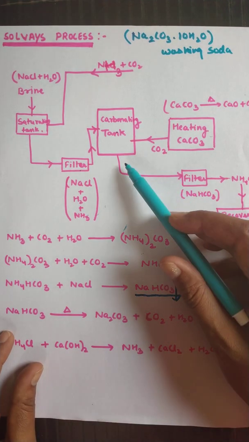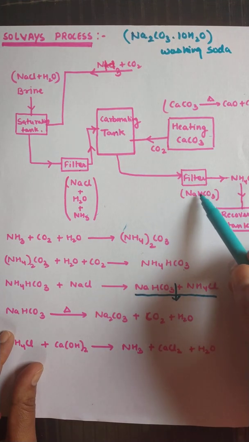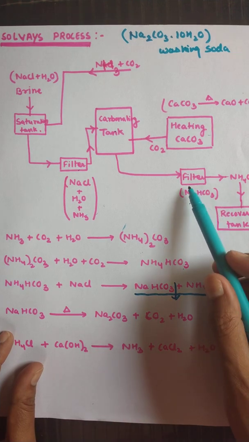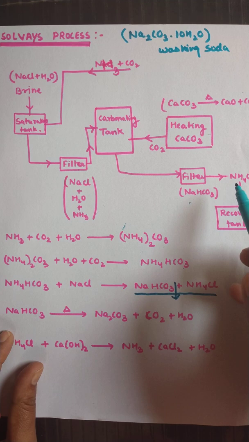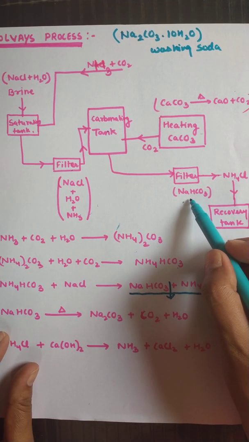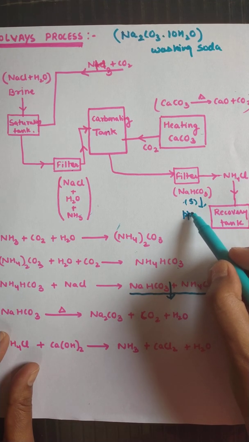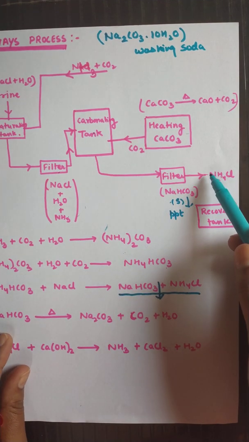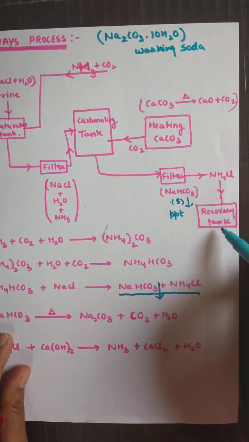When the mixture is separated, the sodium bicarbonate remains in the filter as a residue, because it gets precipitated as a solid. So we have a precipitate of sodium bicarbonate, and the ammonium chloride gets filtered away and is passed to the recovery tank.